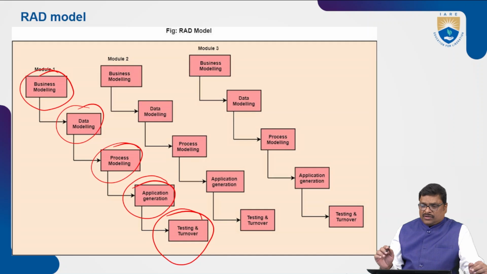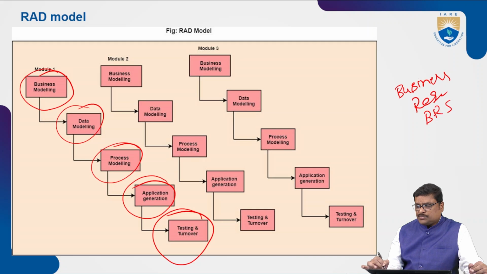First is business modeling. Business requirements are kept in the BRS document as per software engineering principles, where the stakeholders are involved in requirements gathering and analysis, which is done by a business analyst.